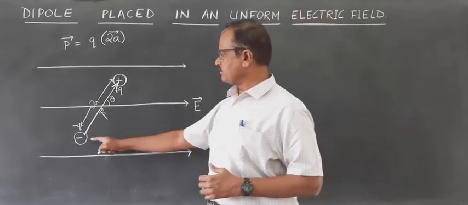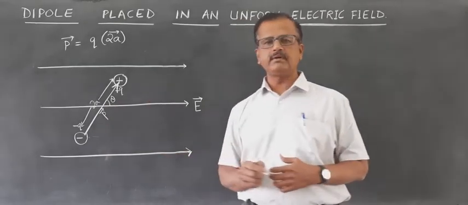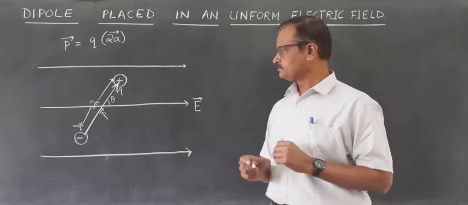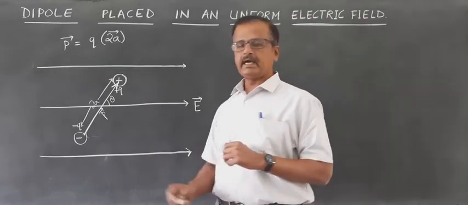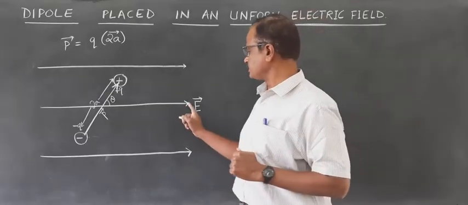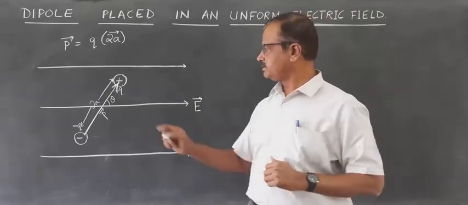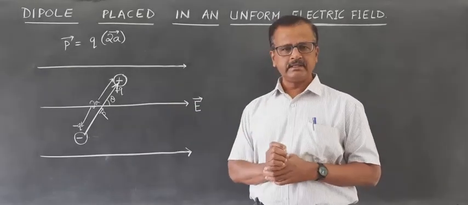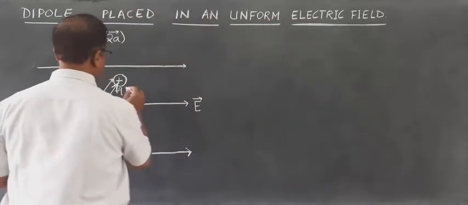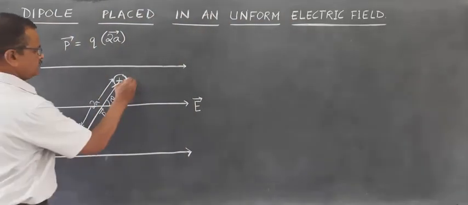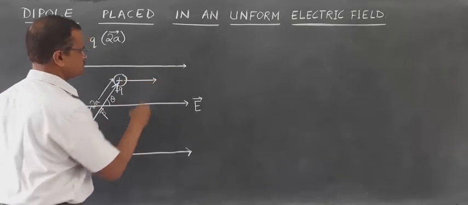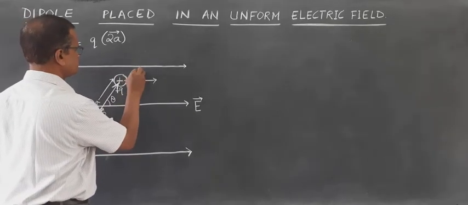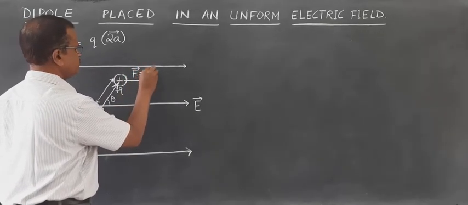When such an electric dipole, with such an orientation of the dipole moment with respect to the electric field, is placed at an angle theta, what happens? Look at this. The positive charge experiences a force, a repulsive force, F equal to qE.